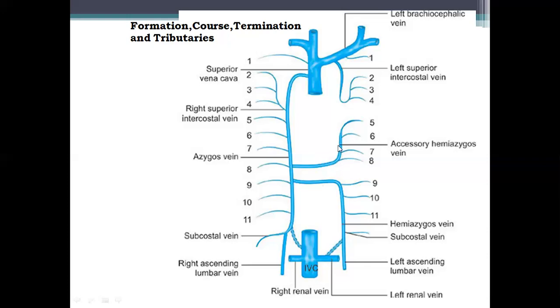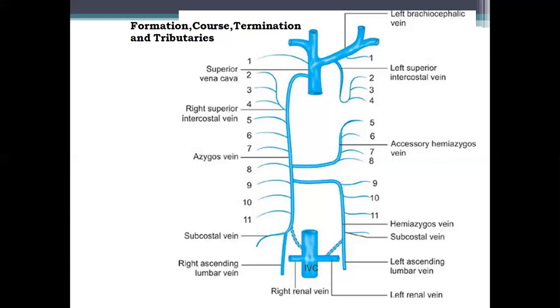It reaches the level of T8 and turns to the right. It passes in front of the vertebral column behind the aorta and the thoracic duct. It then drains into the Azygos vein. What are the tributaries of this accessory hemiazygos vein? They are the 5th to 8th left posterior intercostal veins. Sometimes the left bronchial vein may also be a tributary of this accessory hemiazygos vein.